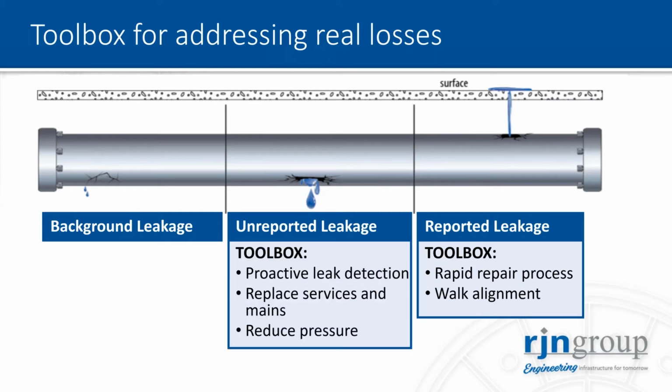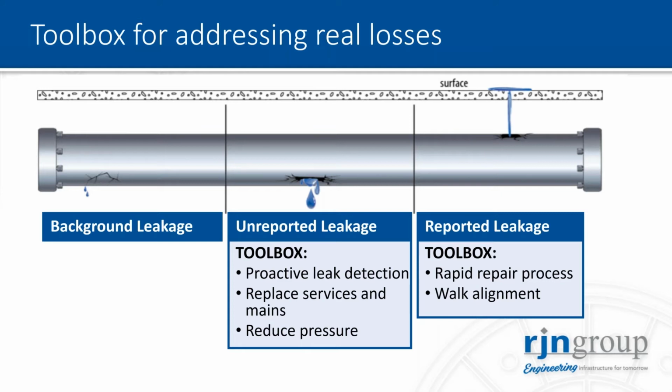With unreported leakage, this is where having a proactive leak detection program can be really helpful in reducing non-revenue water. Oftentimes this leads to replacing services and mains. Most of the leakage tends to be near the services or valves, things we can see from the outside.